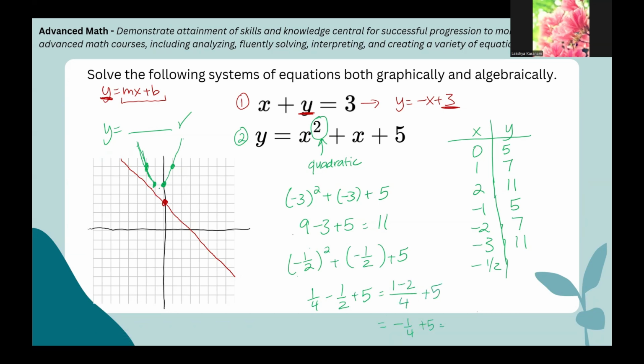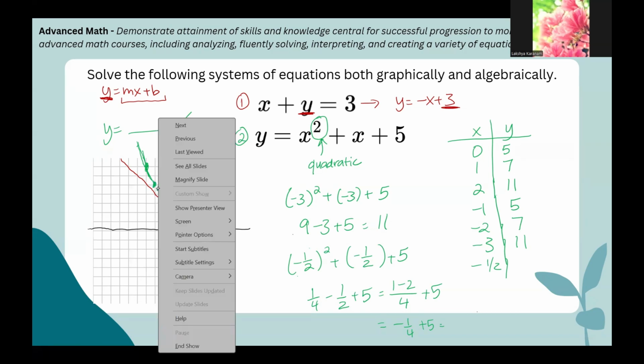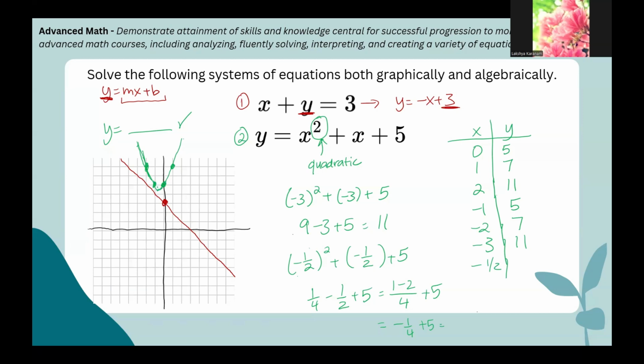So it's just a little bit under 5. This is saying it's a quarter. This is the same thing, I'm just flipping the order here. It's just a quarter less than 5. So this is going to look something like this.